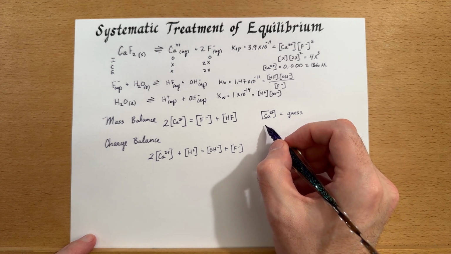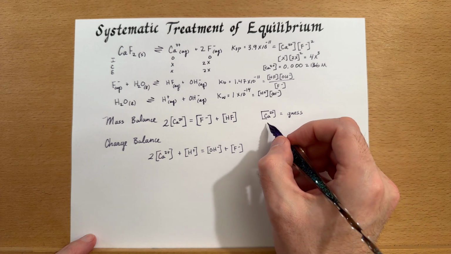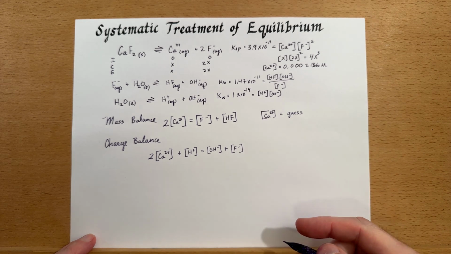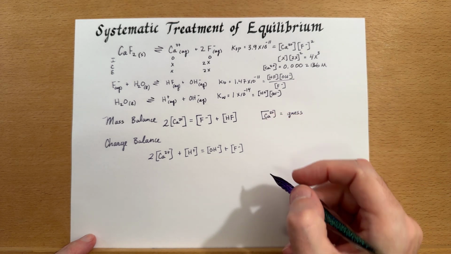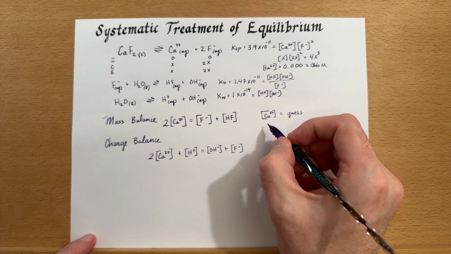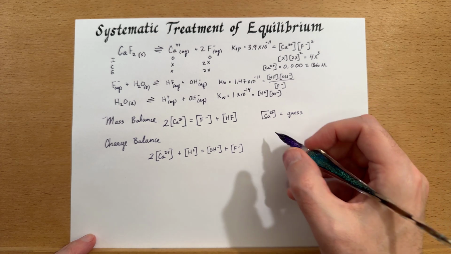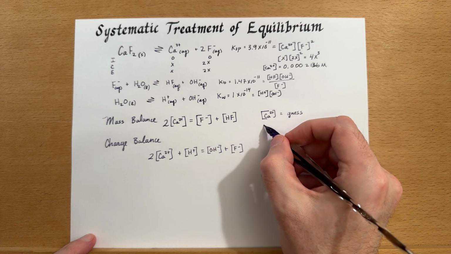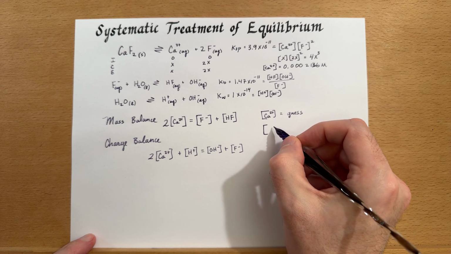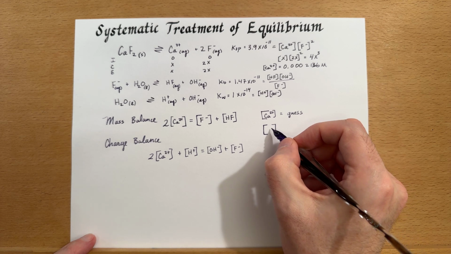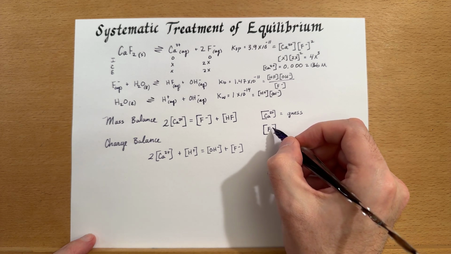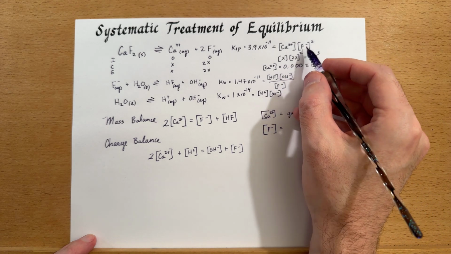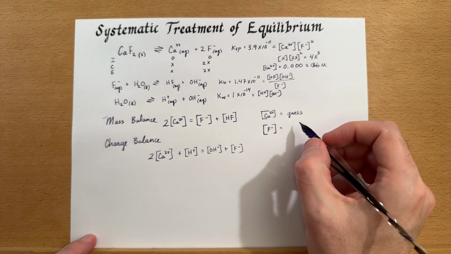And then we want to have a way to solve for each of the other pieces with relation to the calcium concentration or another cell that's coming down. So in this next area, we're going to calculate the fluoride ion concentration. And I'm going to use the KSP expression to do that.